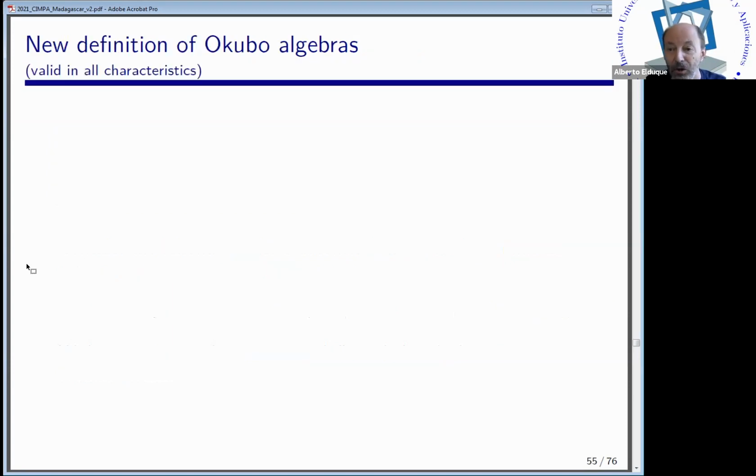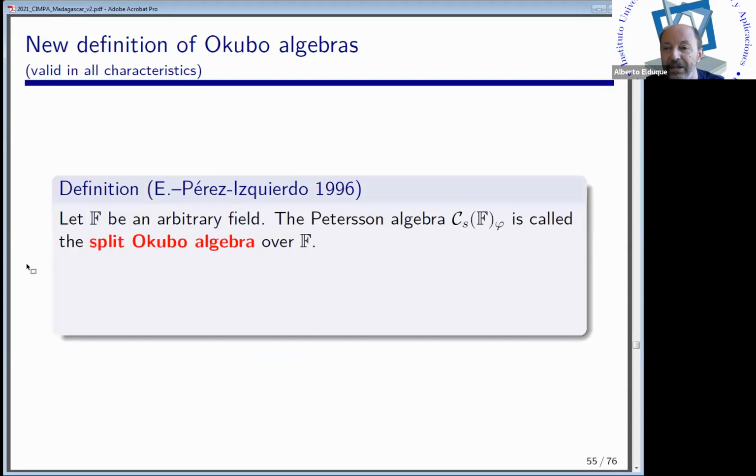So this allows us to give a definition of Okubo algebras independent of the characteristic. Because up to now, the definition I had given you depended on the characteristic being different from 3, and it was different depending on whether the field contained the cubic roots of unity or not. So now here is a definition valid in any characteristic. First, we define the split Okubo algebra as the algebra that we have just constructed.